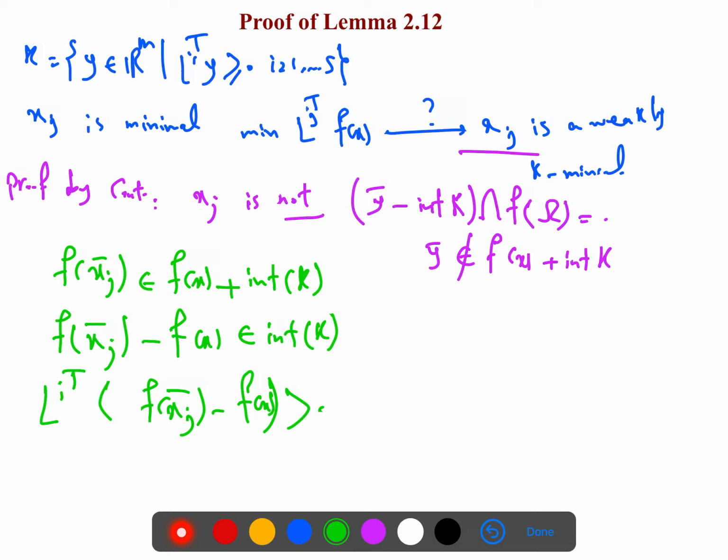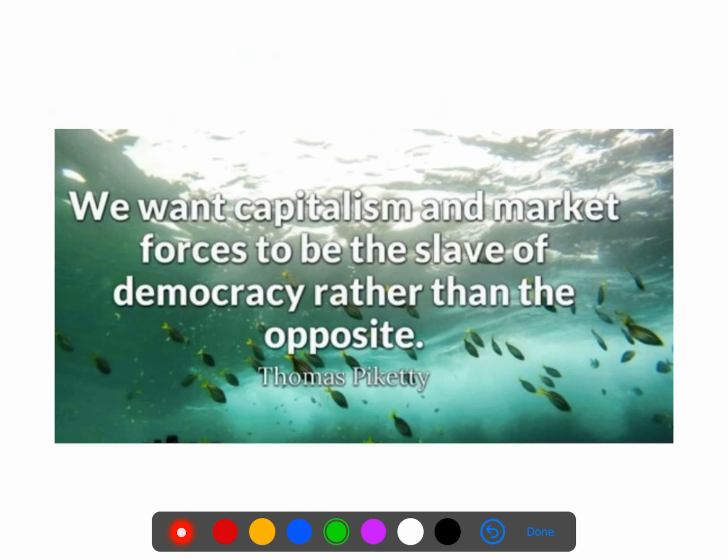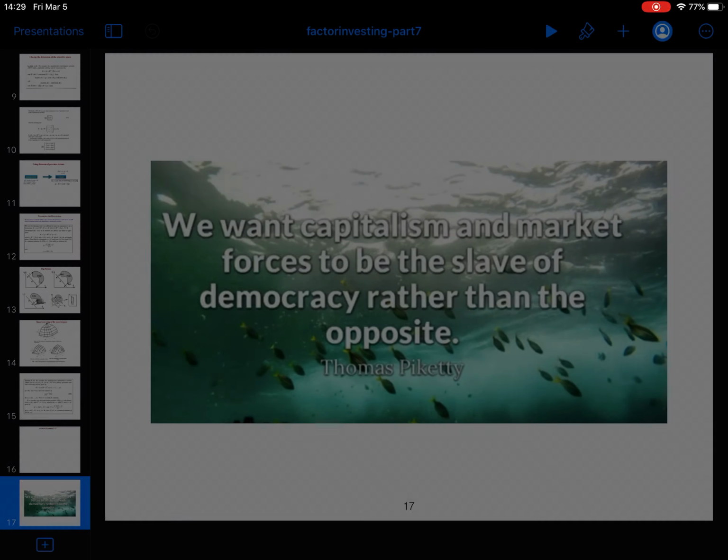And so Lj transpose f of xj bar is greater than Lj transpose f of x, and this is a contradiction. Why? Because we have assumed that xj bar is a minimal solution.